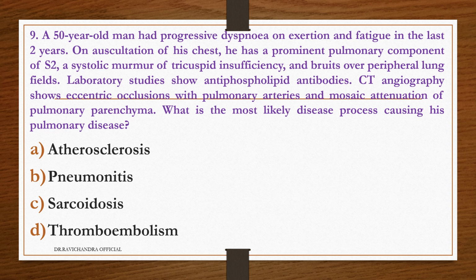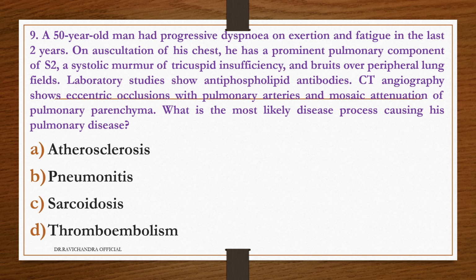This is a clinical question. A 50-year-old man had progressive dyspnea on exertion and fatigue in the last 2 years. On auscultation of his chest, he has a prominent pulmonary component of S2, a systolic murmur of tricuspid insufficiency, and bruits over the peripheral lung fields.